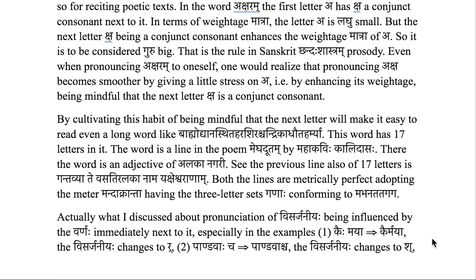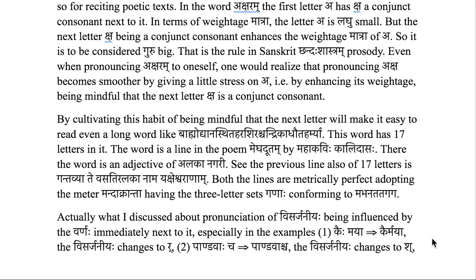By cultivating this habit of being mindful of the next letter, it will be easy to read even a long word like Bahyodhyanasthita harashira chandrika dauta harmya. This word has 17 letters in it. The word is a line, an entire line, in the poem Meghadutam by Mahakavi Kalidasa.